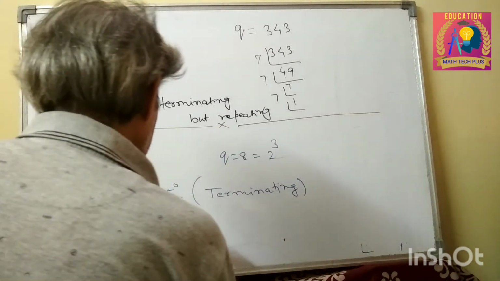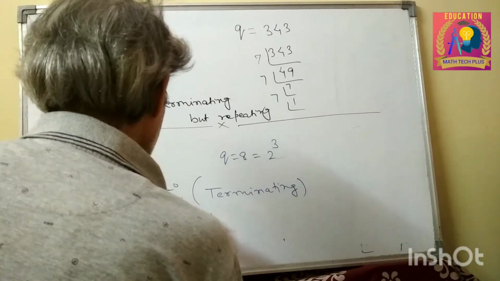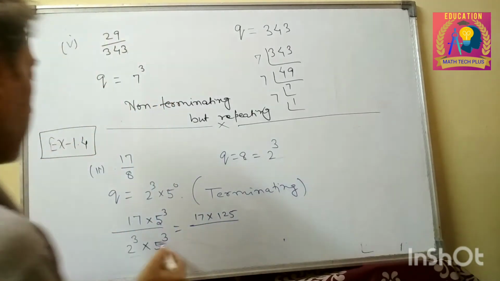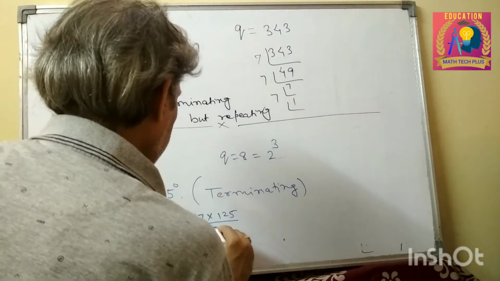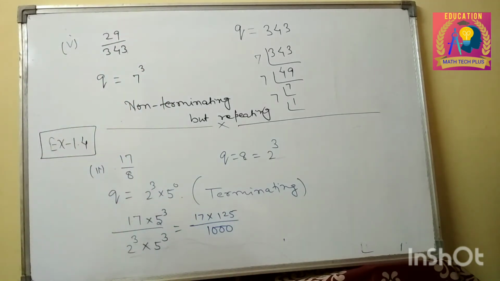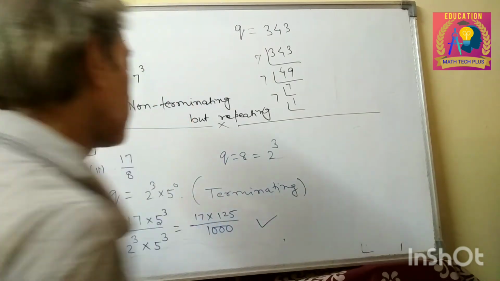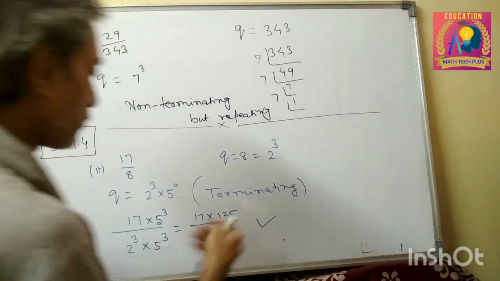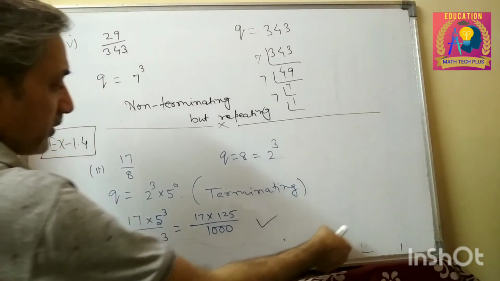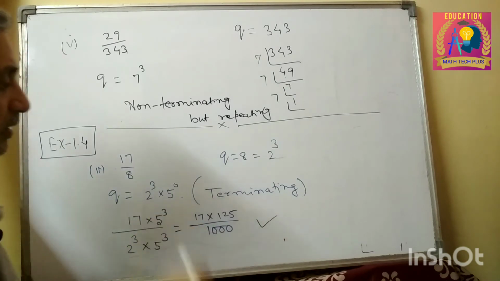Now multiply it. 17 into 125 divided by, here we have 1000. Now you can use the calculator to get this value, and now it is very easy to see. Whatever number you get, start counting from the right hand side, and after 3 digits you can put the decimal.